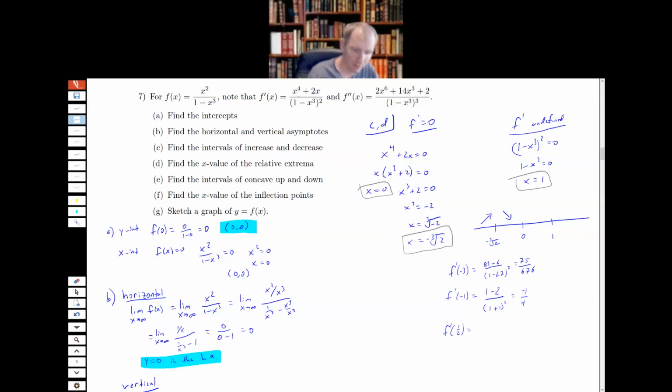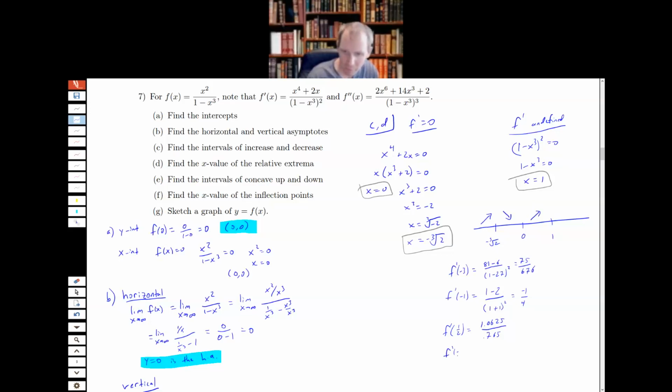So, you know, I get a 16th plus 1, so 1 and a 16th or something like that. Okay, but it's positive. In the denominator, when I put in a half and cube it, I'll get 1/8. 1 minus an eighth is a positive number. Squared is positive. So, you know, plug in my calculator, I get 0.765, but, again, it's positive, so we're increasing here.